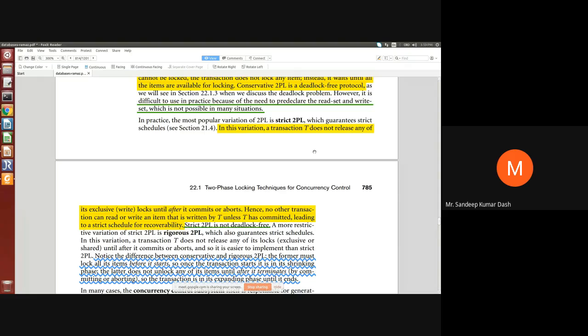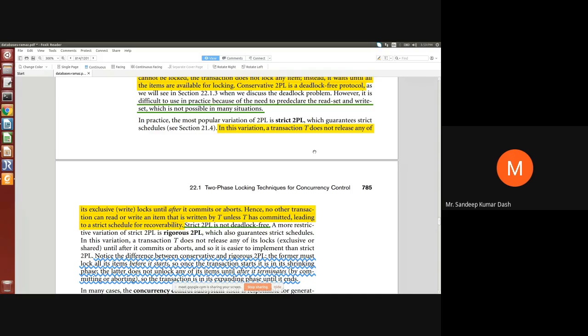Write locks are always for modifications. If it wants to do any modification on any data item, it will acquire a write lock. So whatever modification it has done on the data item should be properly available to the other transactions. If in the middle it aborts, the transaction has to be reversed, or the entire operation has to be cancelled.